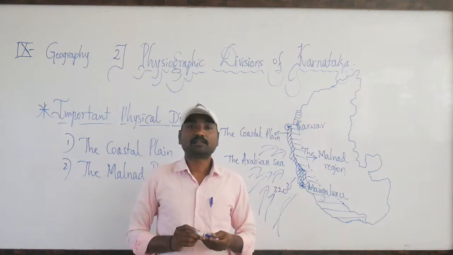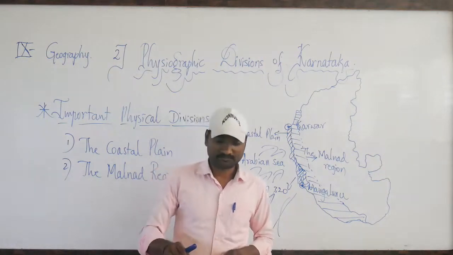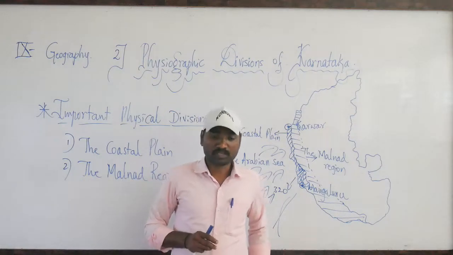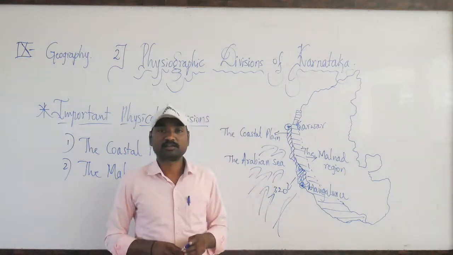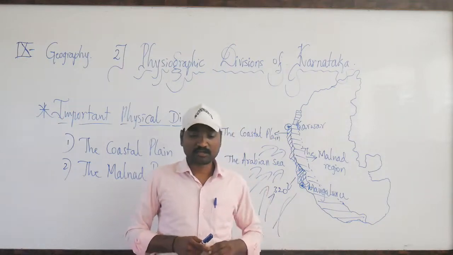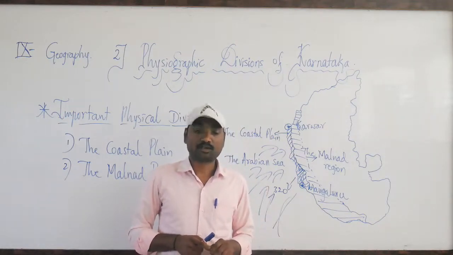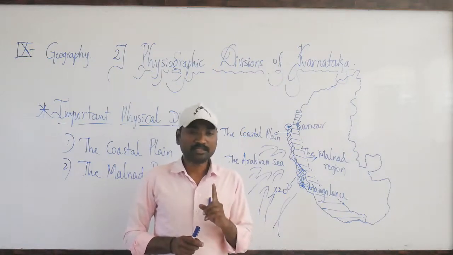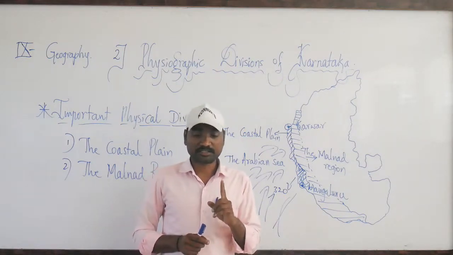Here there are a number of peaks. Among those, the important peaks are Mullayanagiri, Kudremukha, Kallathigiri, Rudragiri and Devarayanadurga. These are all in Chikkamagaluru district. Mullayanagiri is the highest peak in the state.